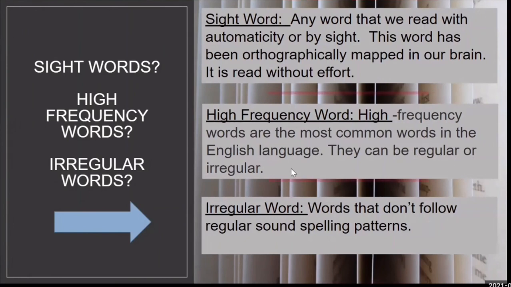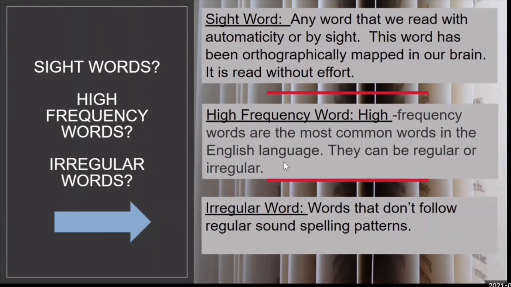A high frequency word is among the most common words in the English language, and they can be regular or irregular. Some are decodable, some are not. We tend to confuse these three categories in our language and in what we're doing with students.